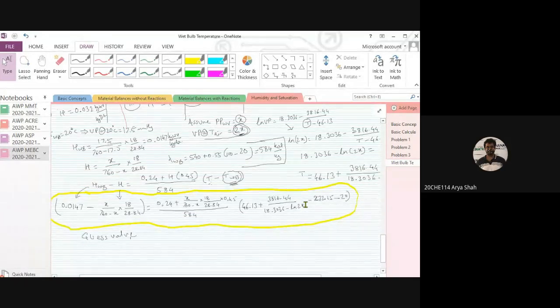So can we use a graphic calculator? Yeah, you can use a graphic calculator. Sure. So you are going to plot left hand side and right hand side as a function of x, right? Yes. Actually, what I did was I directly substituted the Antoine equation in x, and then it became a function of t completely.